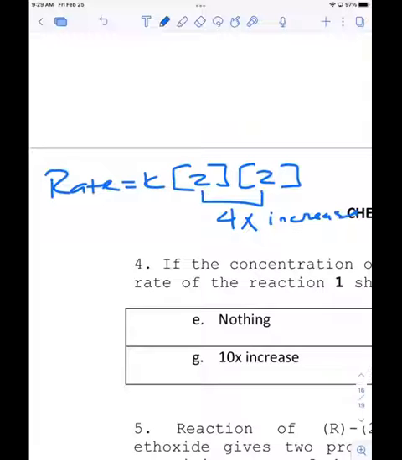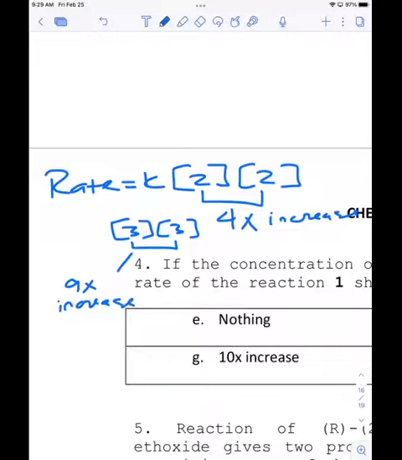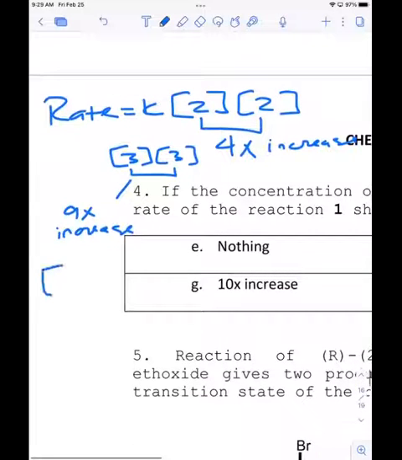What if I triple them both? Right? And this is a product. We just multiply them together. We get a 9 times increase. Right? If I took one and halved it and left one constant, then the rate should decrease by what?